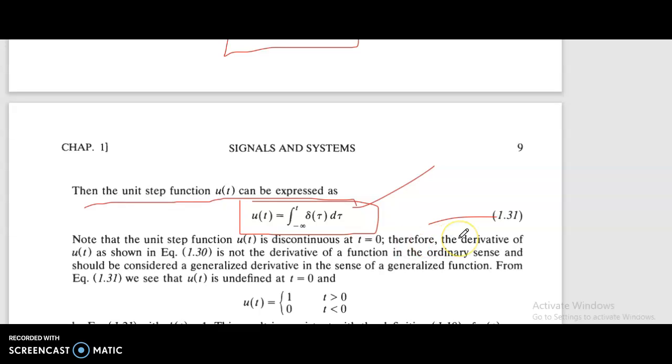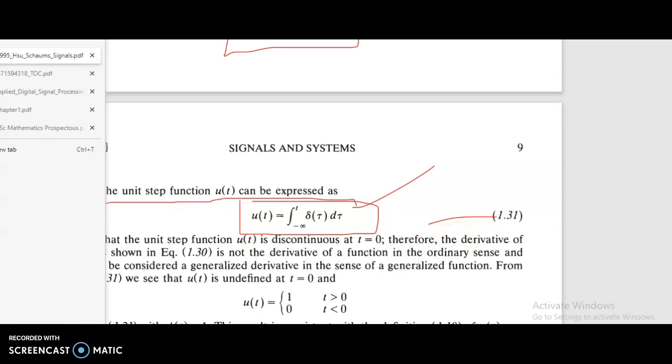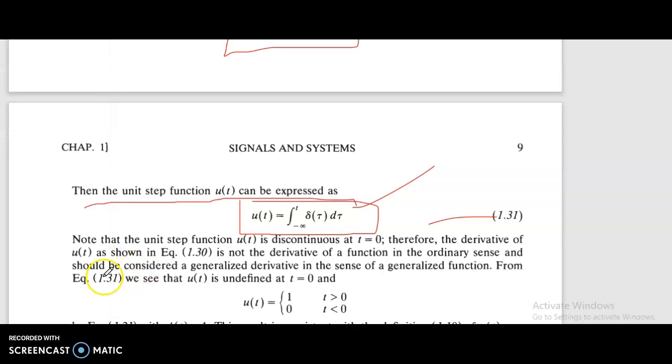Therefore, the derivative of e(t) as shown in equation 1.30 is not the derivative of a function in the ordinary sense, and it should be considered a generalized derivative, in the sense of a generalized function.